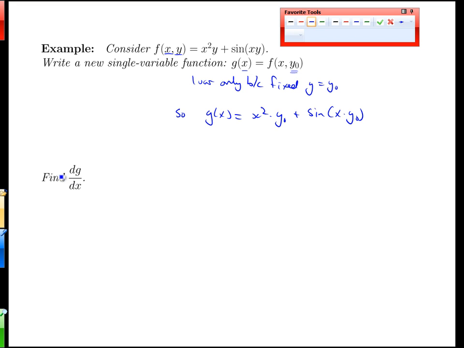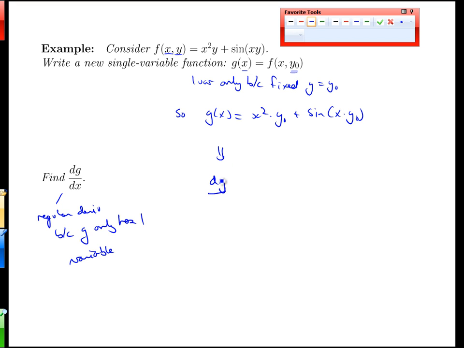Notice this is a regular derivative, because g only has one variable. It's not f. F had two things we could change however we liked. G just has x. Oh, and this constant that shows up, what does that mean?